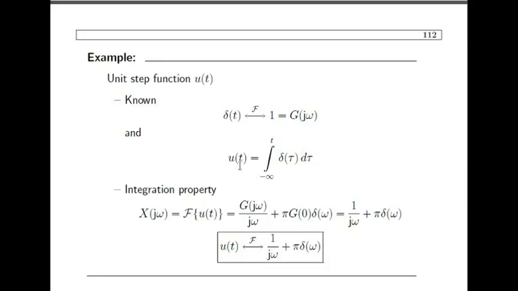So with the help of the integration property, X(jω), the Fourier transform of u(t), will be G(jω)/jω + πG(0)δ(ω). G(jω) is 1 and G(0) is 1, so it will be 1/jω + πδ(ω). This is the Fourier transform of the unit step function u(t).